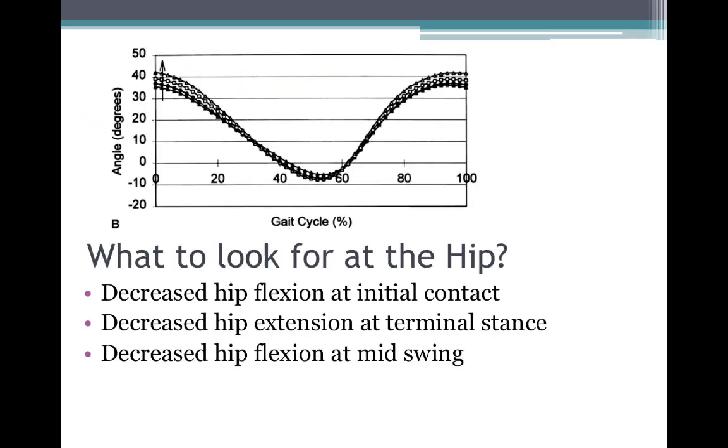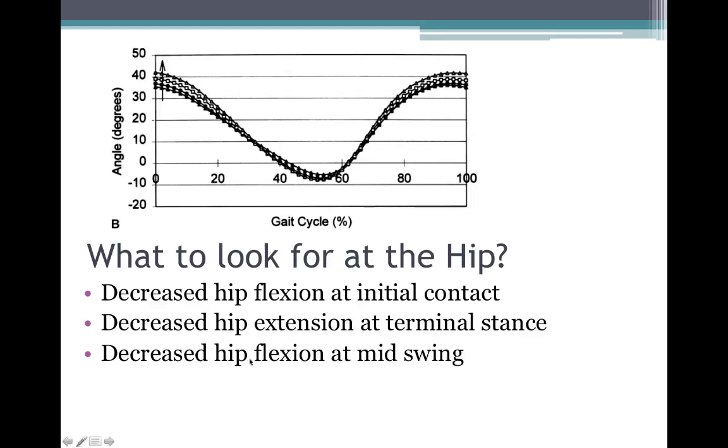So at the hip joint, what to look for in terms of contributors to abnormal walking. Decreased hip flexion at initial contact can be a sign of instability or hip weakness. Decreased hip extension at terminal swing can also be a sign that the person can't eccentrically control the hip flexors, can't control the positioning of the trunk anterior to the foot.